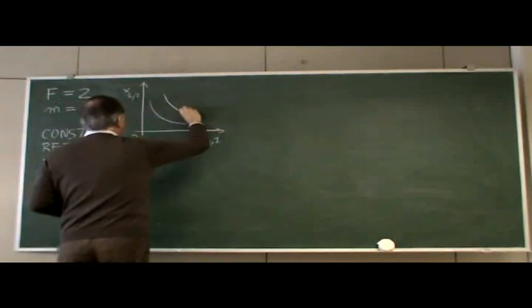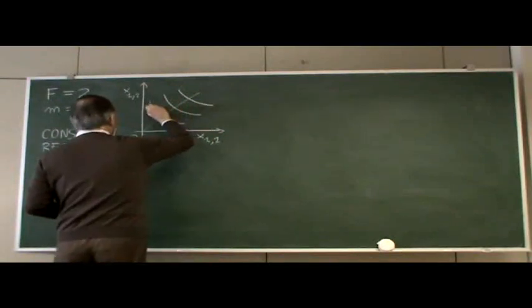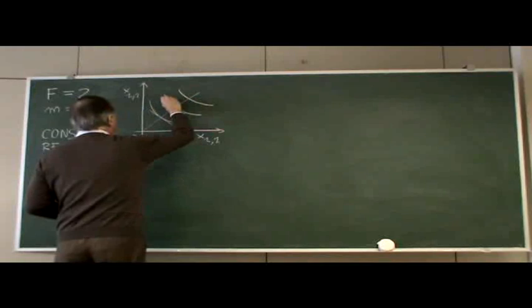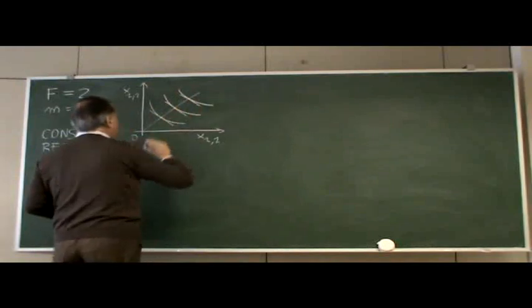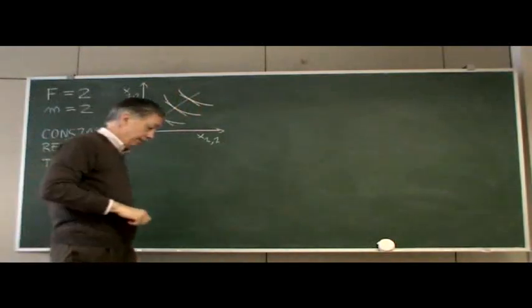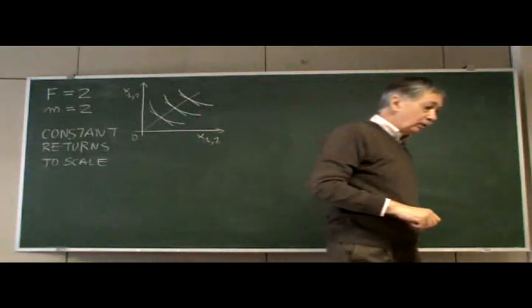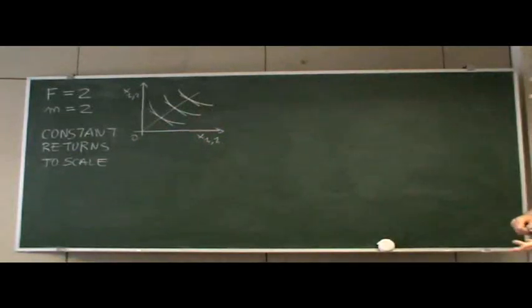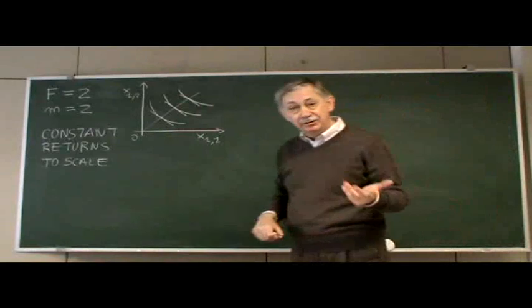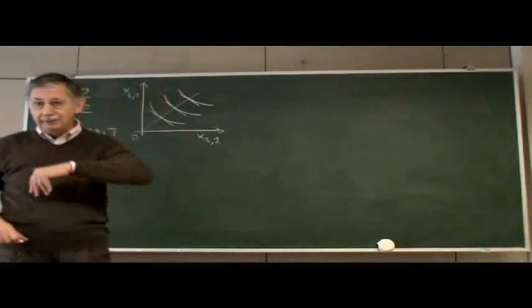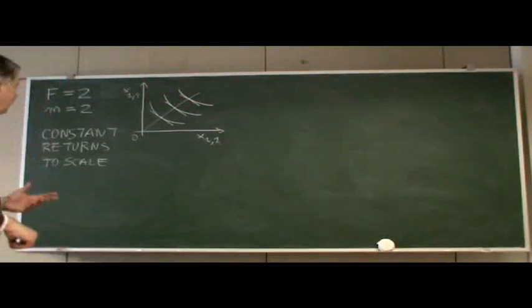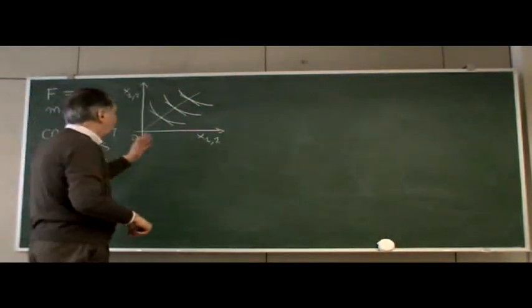Given the vector of factor prices, if you increase production, the optimal quantities of each factor remain unchanged. That's a well-known property of a homogeneous function of any degree, but in particular of first degree.